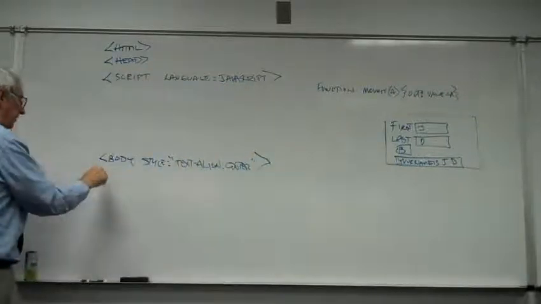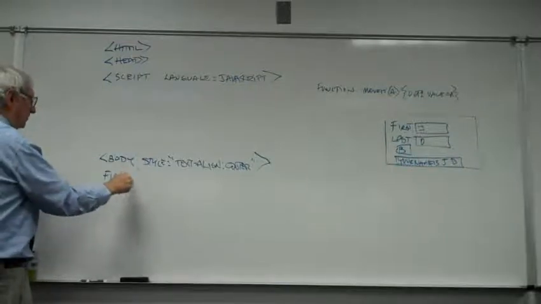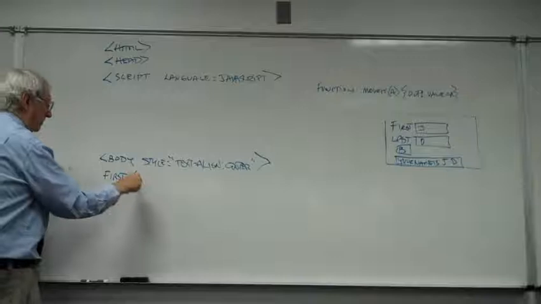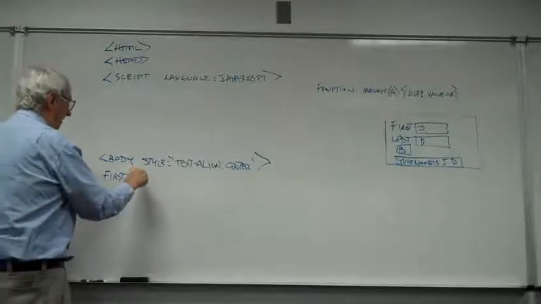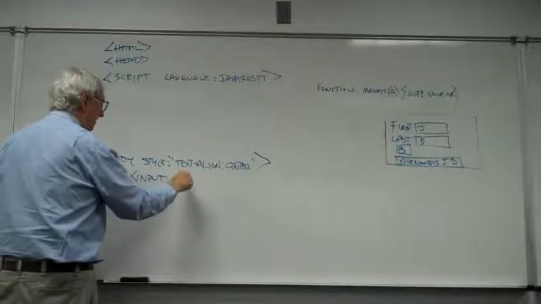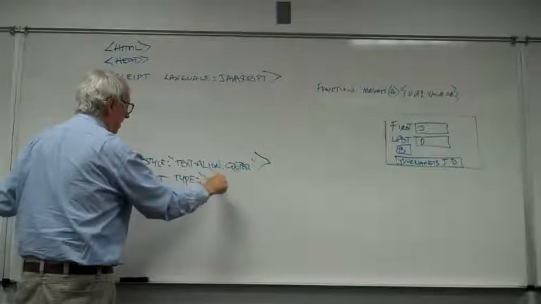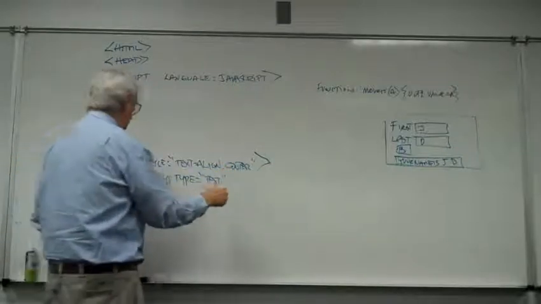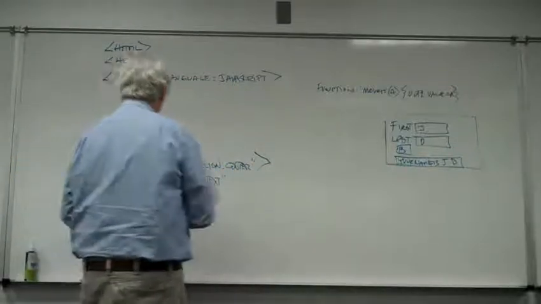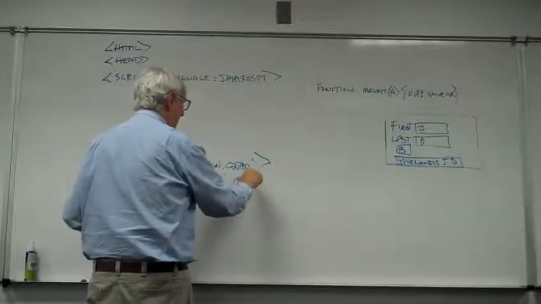That line's done, and now you want to say the word first. So they type in their first name, and here's what you write. You write input type equals text, and ID equals fname.